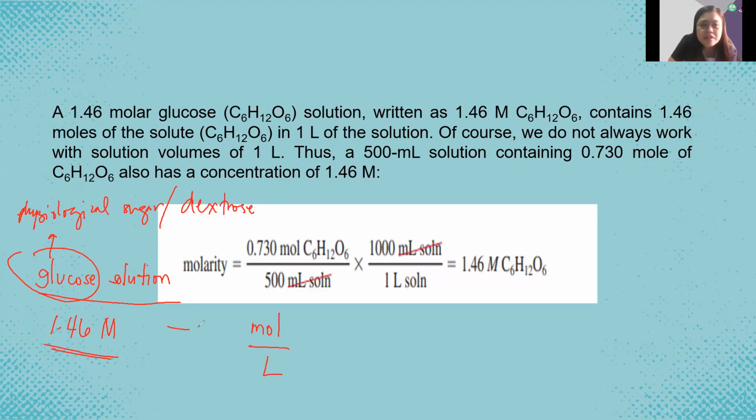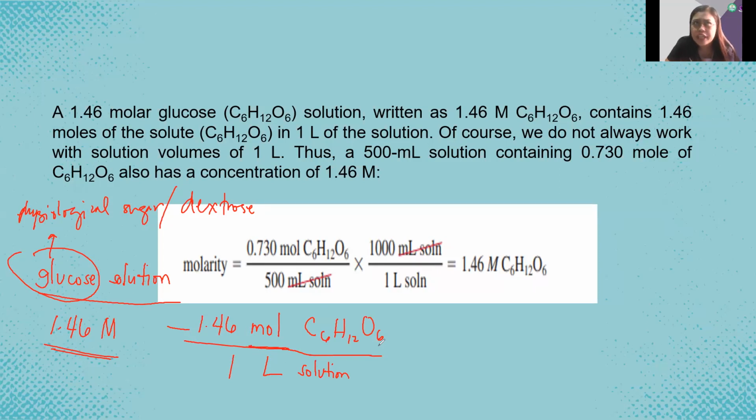When this is your concentration, it means you have 1.46 moles of the glucose, C6H12O6, dissolved in 1 liter of the solution. That is the meaning of 1.46 M. Again, you have 1.46 moles of the glucose dissolved in 1 liter of solution. Okay? So that is the meaning.